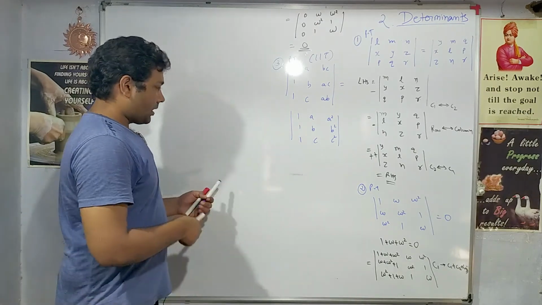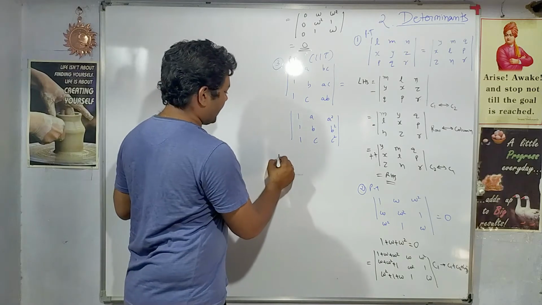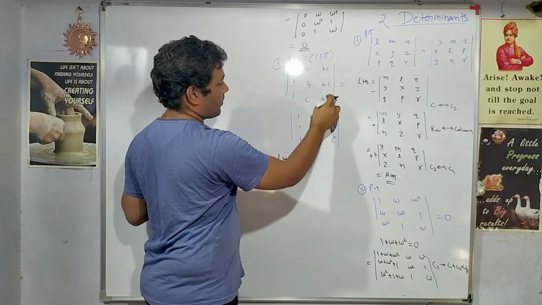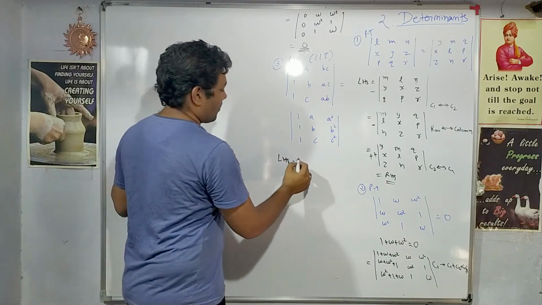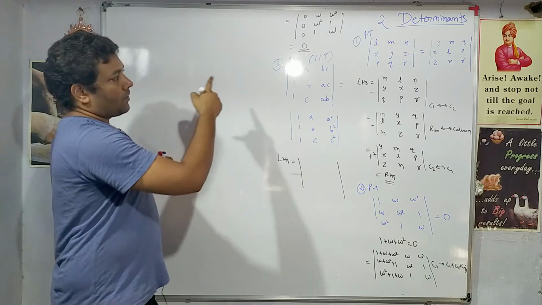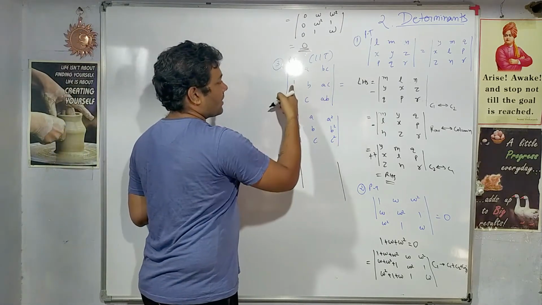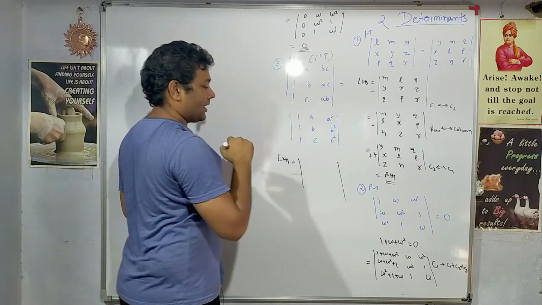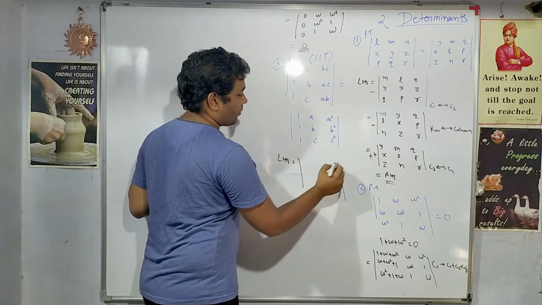So here again, if we start with the left hand side, we need to get a square, b square, c square here. So what I will do, I will multiply first row with a, second row with b, and the third row with c. How do I write that operation?